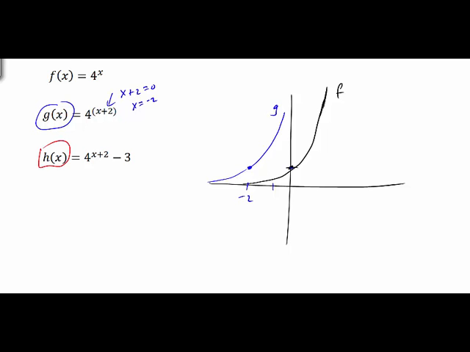And then if we look at h of x, notice here we have 4 to the x plus 2, so we know that's going to move us 2 to the left, but then we have this minus 3, and that's going to move the graph down 3 units. So we're going to go down 3, so this point is going to be moved down. Now be careful.